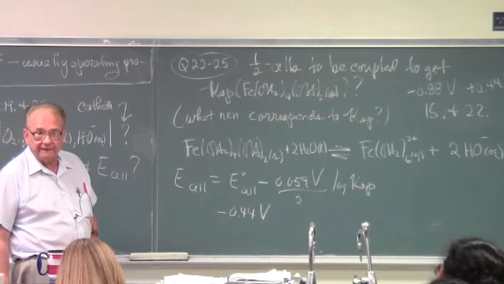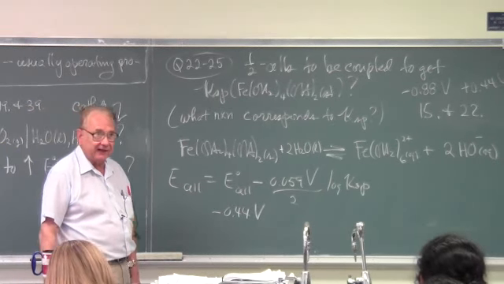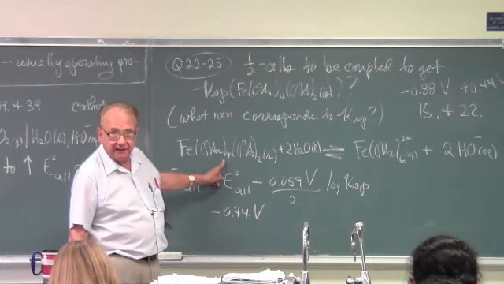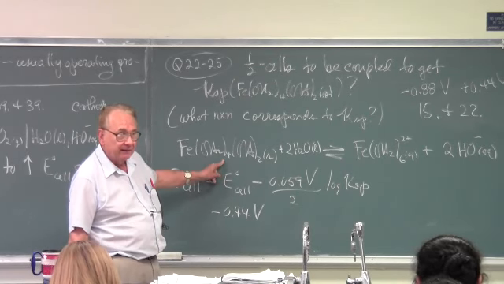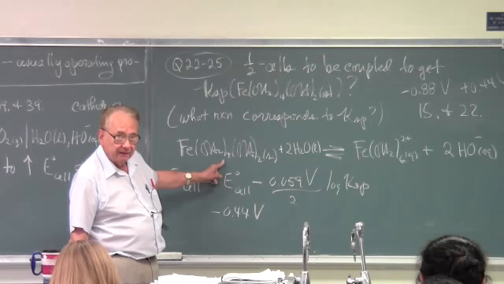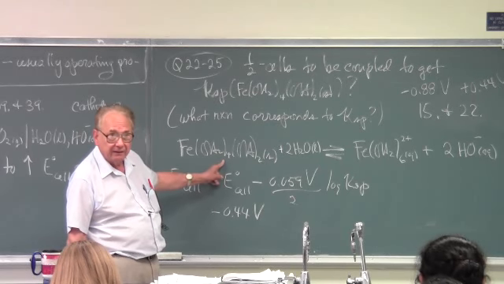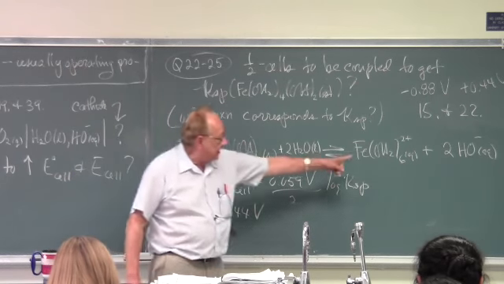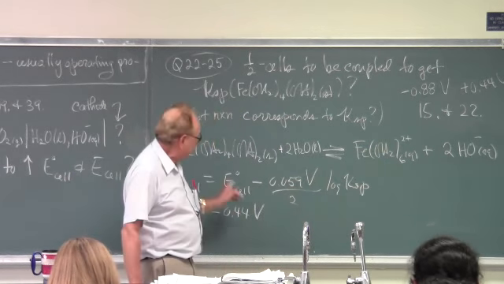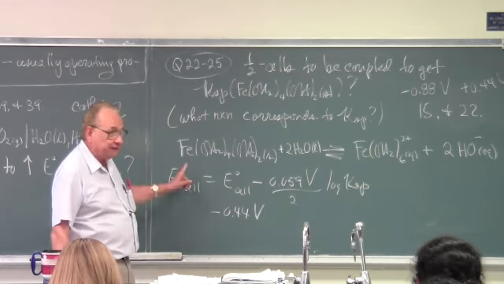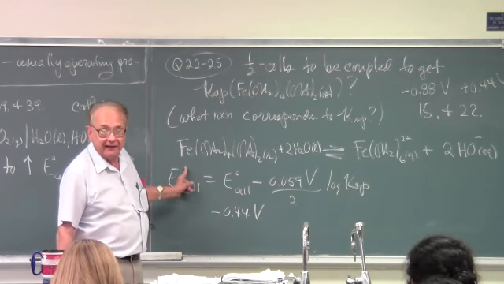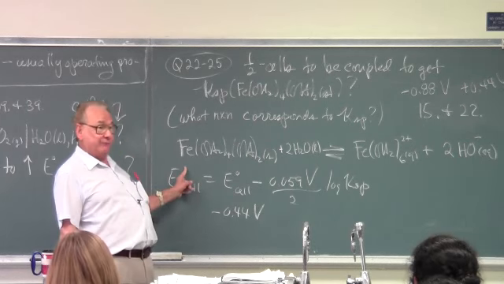Because from a spontaneity standpoint, is this thing under standard state conditions a spontaneous reaction? Yes or no? No. Heck no! These things react with each other like gangbusters to make this stuff. So the tendency for this stuff to dissociate is very small, as reflected by the fact that its KSP value is very small.